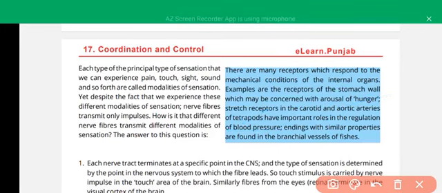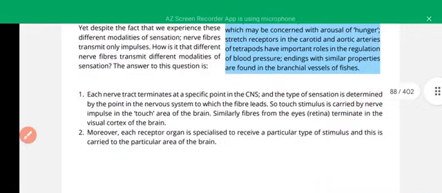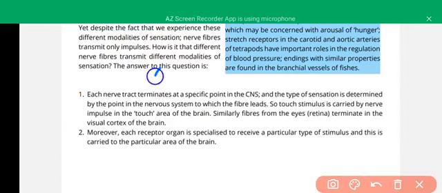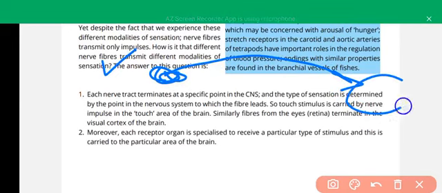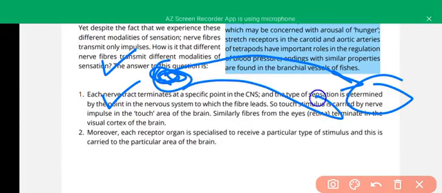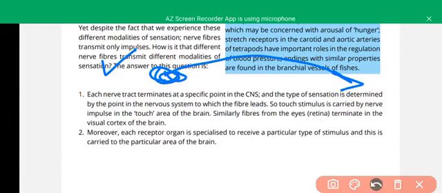Then we will study how different types of sensations are felt by us when neurons only transmit nerve impulses. It is because each principal type of sensation that we feel has a proper area of the brain, like touch stimulus in the touch area of the brain, and light reception in the visual cortex of the brain, and similarly warmth, heat, and cold.